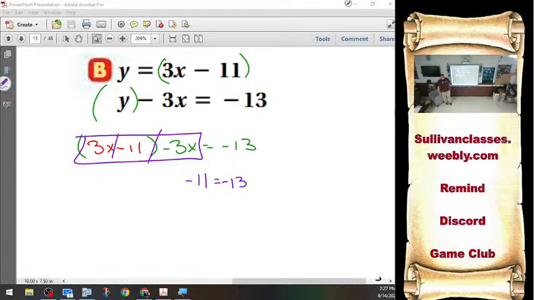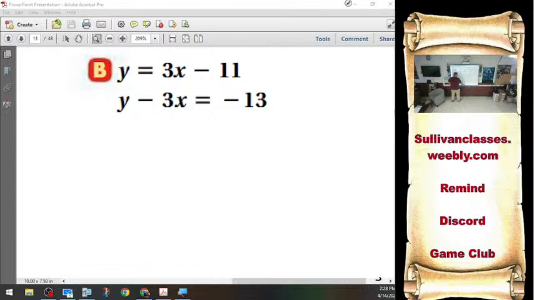Okay. Donkey does not equal fighter jet. So since they're not the same thing, you're going to call this no solution. Or you can use a symbol for empty set because the set of solution answers is empty. It's your choice. Okay?